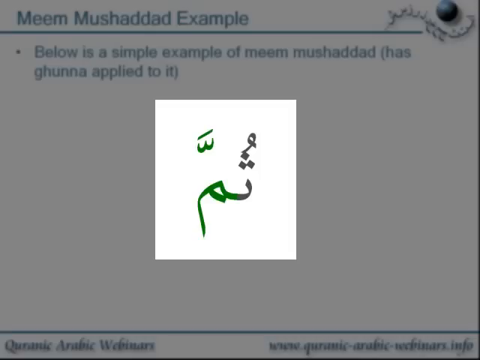So instead of just saying thumma, when you recite this, you'll do thumma. So you keep your lips closed and vibrate the sound or hum the sound in your nose.